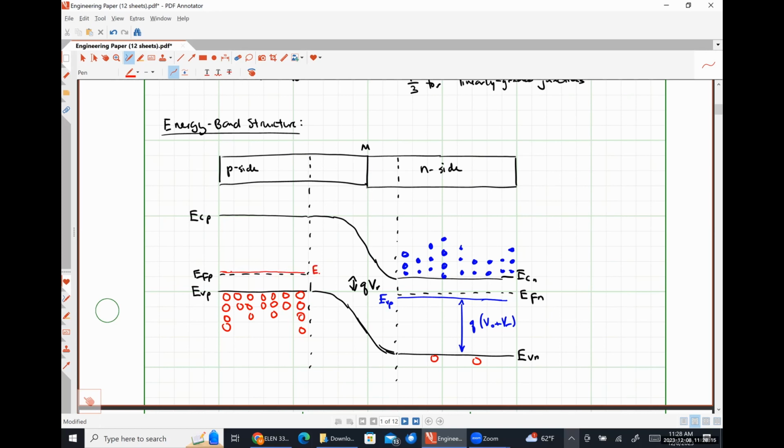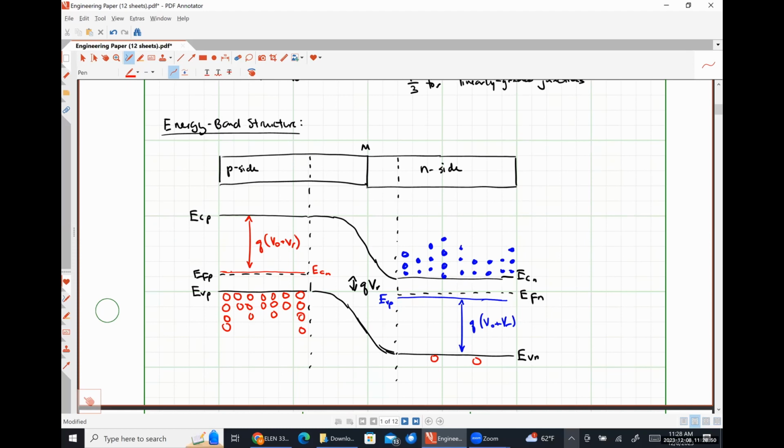So if this guy represented ECN, this would be our barrier potential on this side. So it's going to be very, very hard for our electrons over here to climb this slope because the potential is very large.